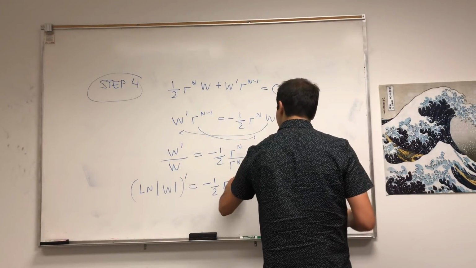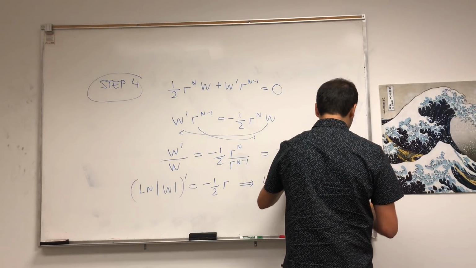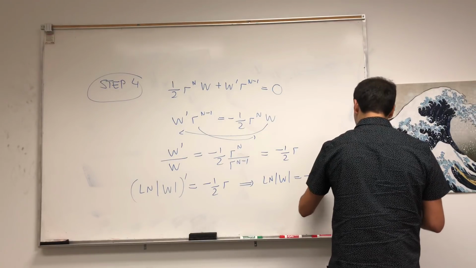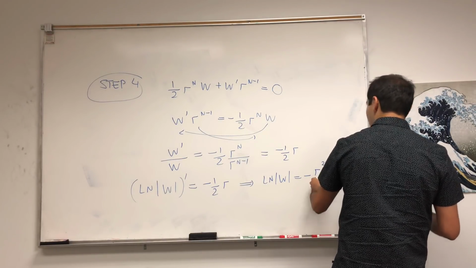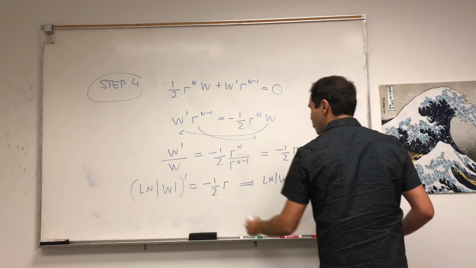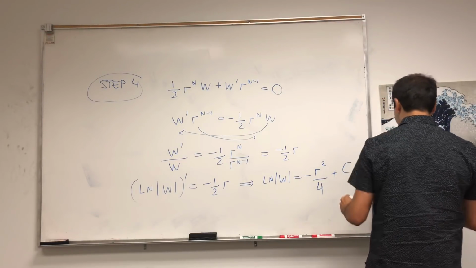And now we can anti-differentiate this, so ln of w is minus r squared over 4, sorry. So r squared over 2 times minus 1/2 is minus r squared over 4 plus some constant.